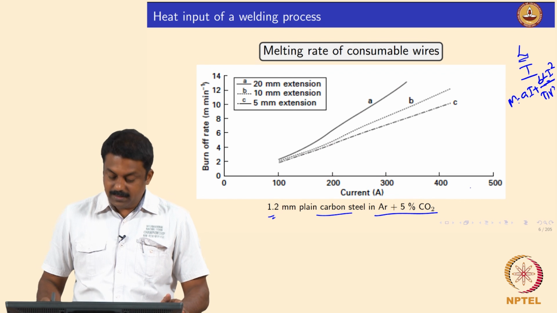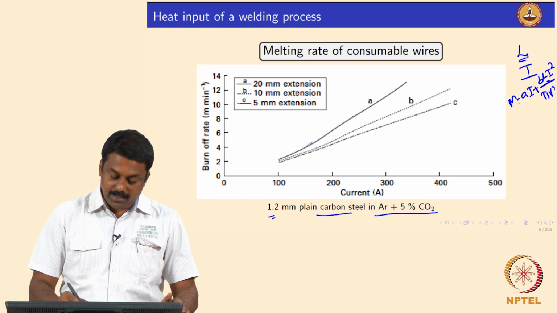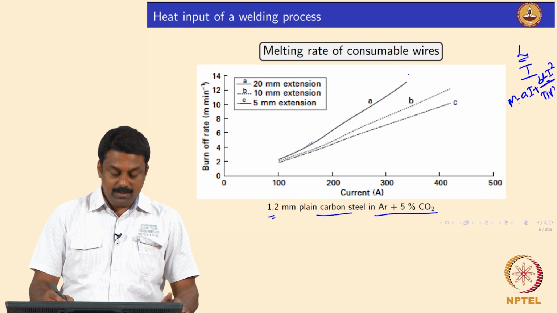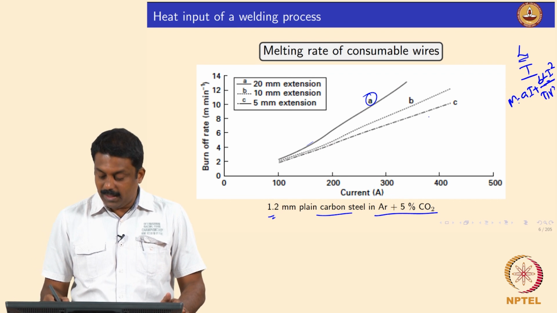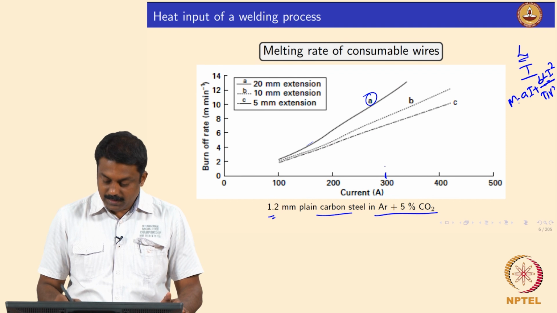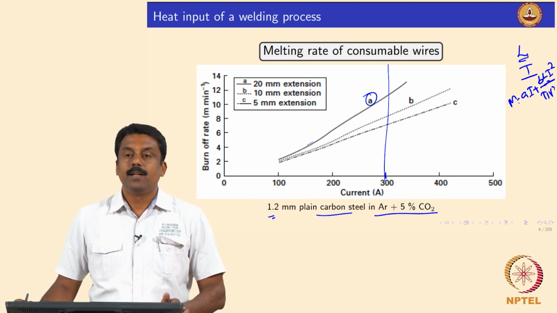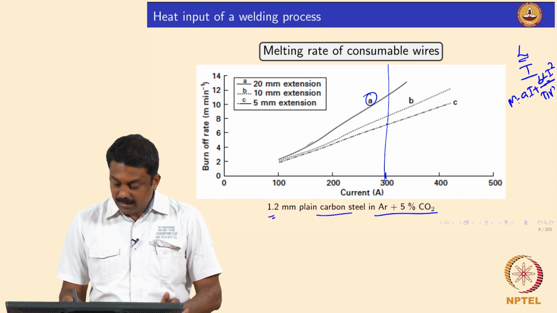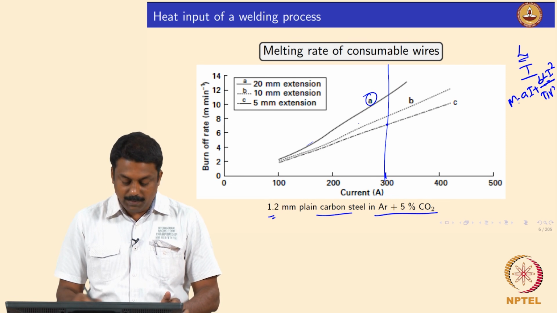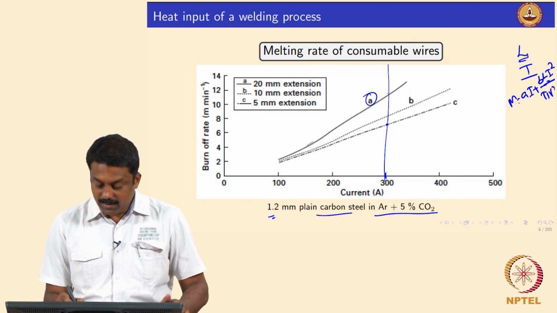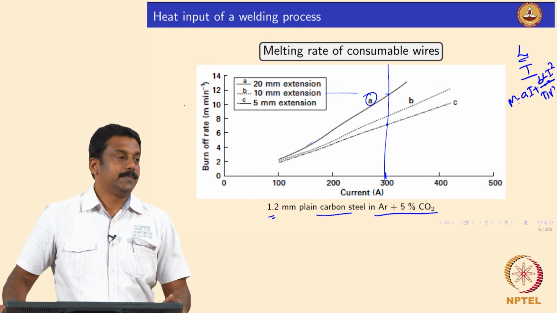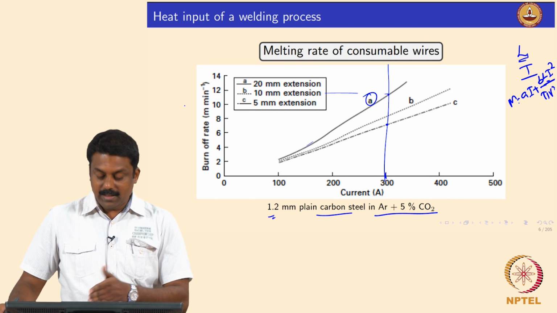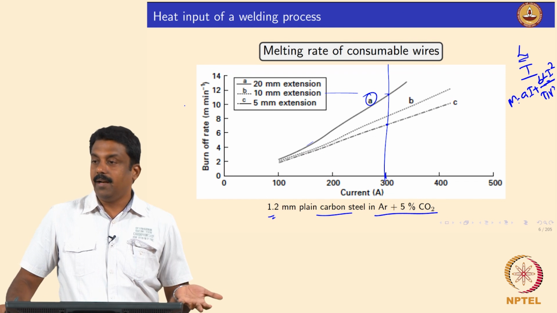If I change the current for a given stick out length, this is my melting rate. This is for a 20 mm stick out length, right. Suppose I reduce the stick out length for a given current, say 300 amperes, with a stick out length of say 5 mm. In this case the melting rate will be lower than if my stick out length is 20 mm. So obviously, by changing the stick out length for a given current, the melting rate also changes.